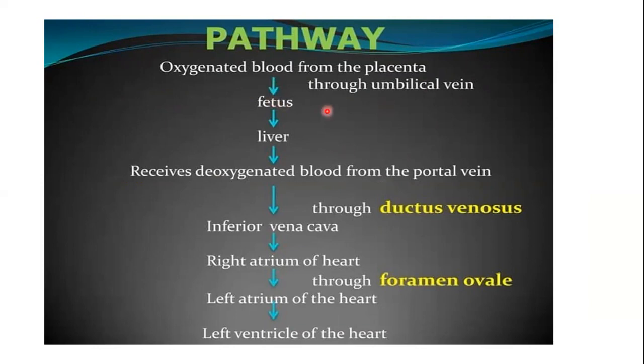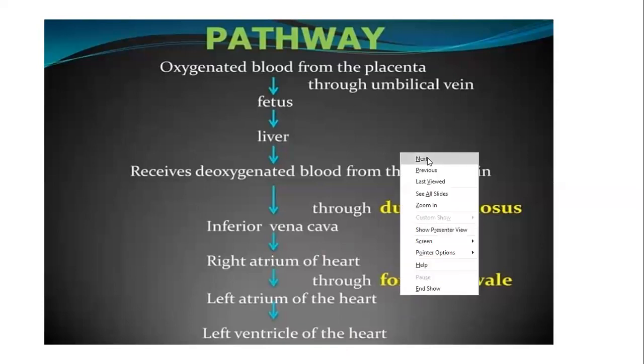Oxygenated blood from the placenta goes through the umbilical vein to the fetus, then bypassing the liver, is shunted through the ductus venosus to the inferior vena cava, going into the right atrium. Then this blood is shunted through the foramen ovale to the left atrium, and then to the left ventricle.